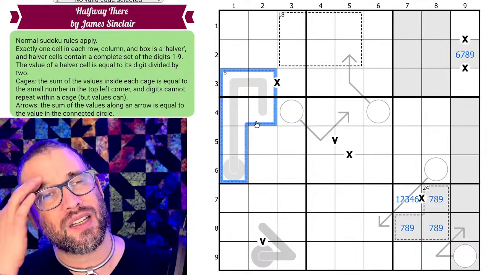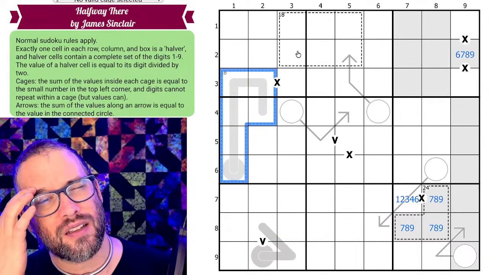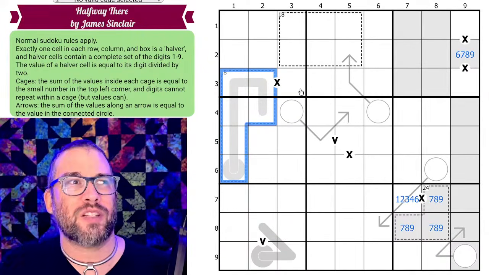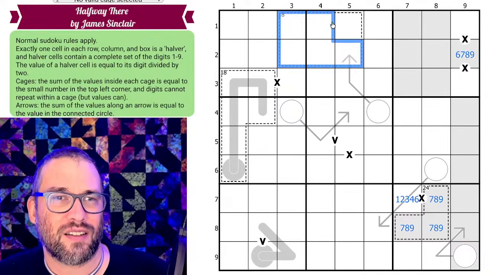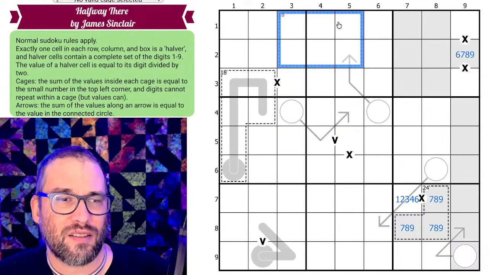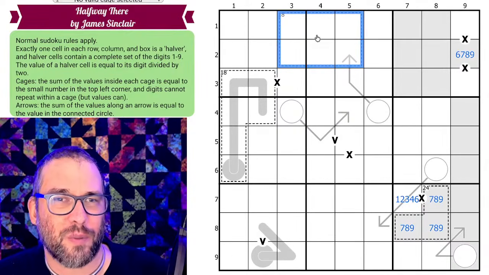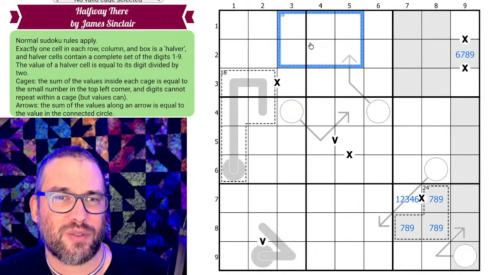Now, what is the actual argument for one of the 18 cages having to do that?